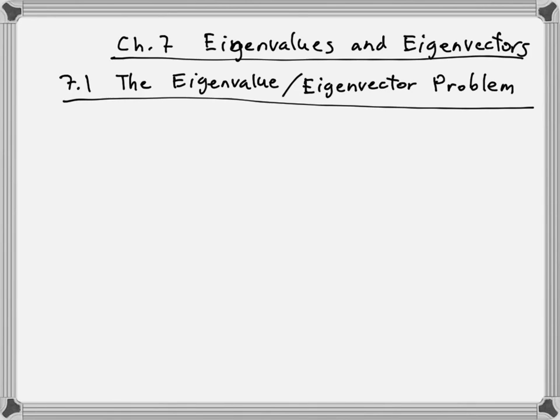So we need our definition. We did define this earlier in the class, but I would like to define it again since this is now our main focus. Let A be an n by n matrix, in other words, a square matrix.